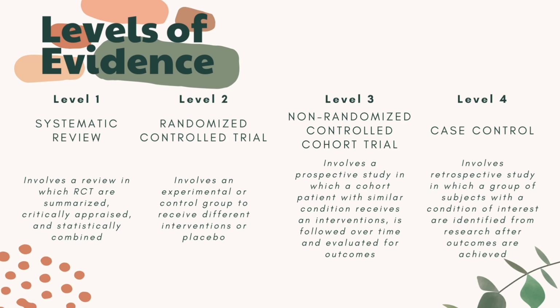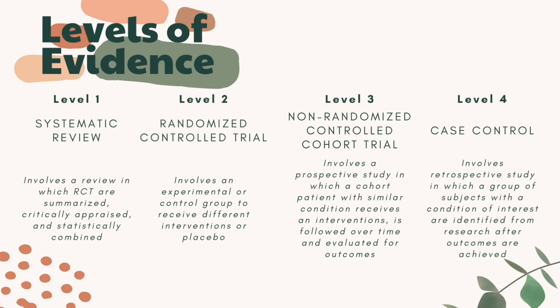But those are words that I don't usually think of when I think of these levels. So I have included here each level with what it's called and describe what it is looking for and how it is used and done. So just picking out keywords, like for example, systematic review, well, it has randomized control trials in it and it is critically appraised and statistically combined.